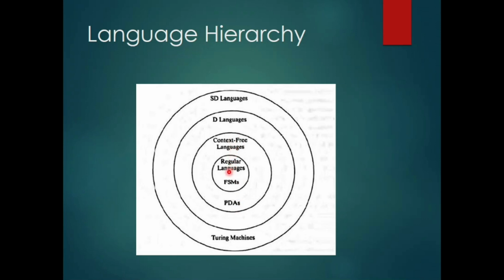It will be able to solve regular languages also, but not non-context-free languages. So PDA can solve regular languages and context-free languages, but not decidable and semi-decidable languages, which are non-context-free. Similarly, the Turing machine will be able to solve all these kinds of languages. So with the Turing machine, I can find a solution for any kind of language.